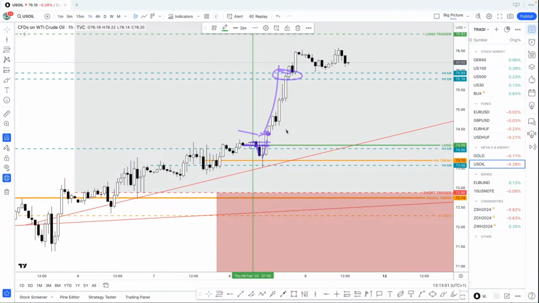We are in the correction of the correction, but we have a lot of space. Because of this huge space, nothing in between, that's a good opportunity from this candle on. So that's a good day trading opportunity.